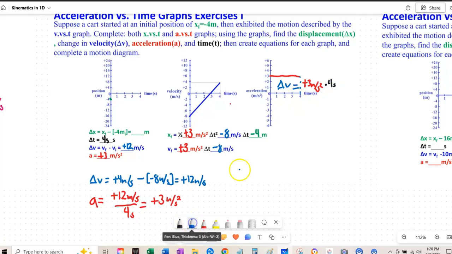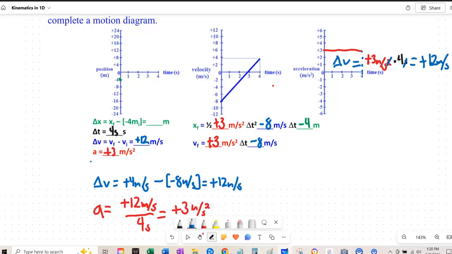And that is going to work out to be seconds. This seconds cancels out with that. So we're going to have a positive 12 meters per second. So it works.